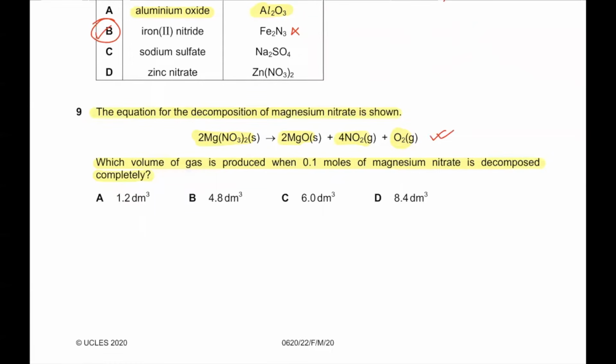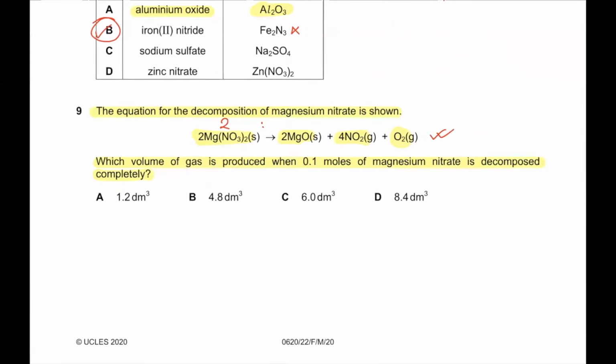This question already tells us that if we have 2 moles of magnesium nitrate, we are going to get 2 moles of magnesium oxide, 4 moles of nitrogen dioxide, and 1 mole of oxygen. Now, if we start with 0.1 mole of magnesium nitrate, we are going to have 0.1 mole of magnesium oxide, because they are in a 2:2 ratio.